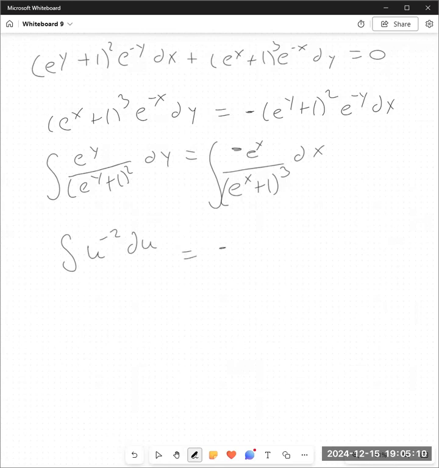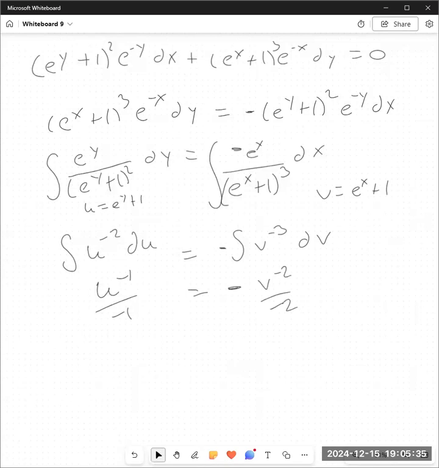And this is going to be a negative v to the negative third dv, where u is equal to e^y + 1, and v is equal to e^x + 1. So this is u to the negative first over negative 1 is equal to a negative v to the negative second over negative 2. And I'll figure out which side is better to put plus c on in just a second.